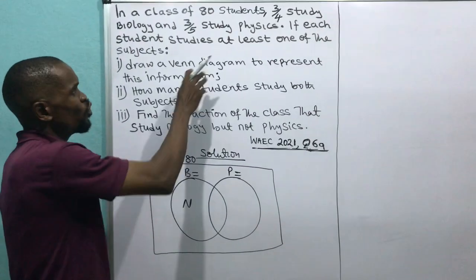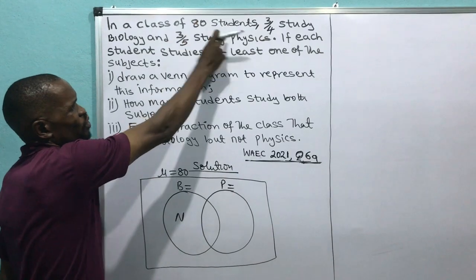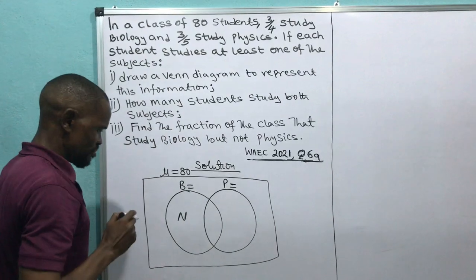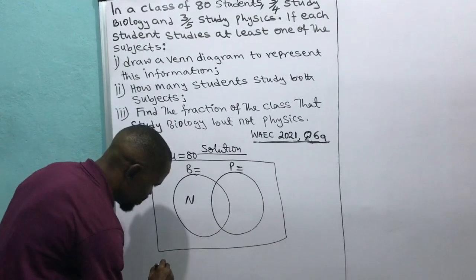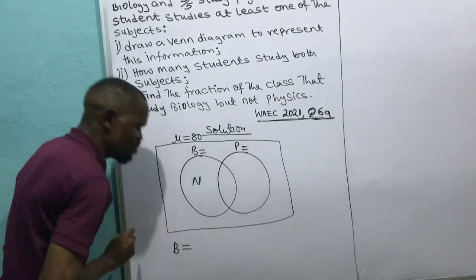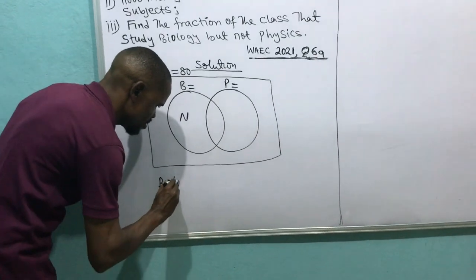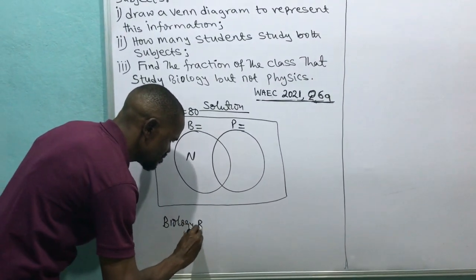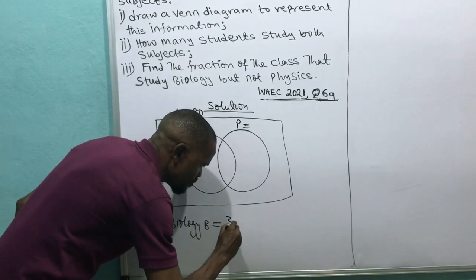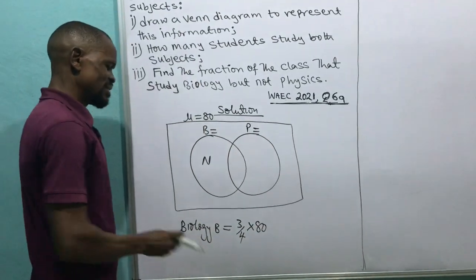They told me that out of 80 students in the school, 3/4 study biology. So if I use B to represent the number of people that study biology, B is equal to 3/4 times 80. Why am I doing this? This is a fraction.